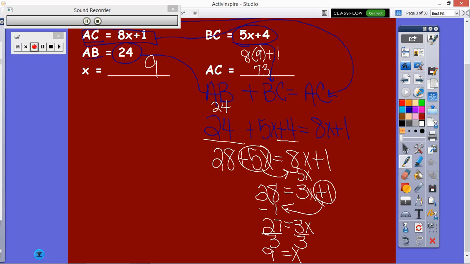I haven't found BC yet, so let's find BC. If BC is 5 times 9 plus 4, that's 45 plus 4, which would be 49. So now I have a 24 plus a 49, and I now know that AC is 73. Does 24 plus 49 equal 73? It does. So I know that I am correct.